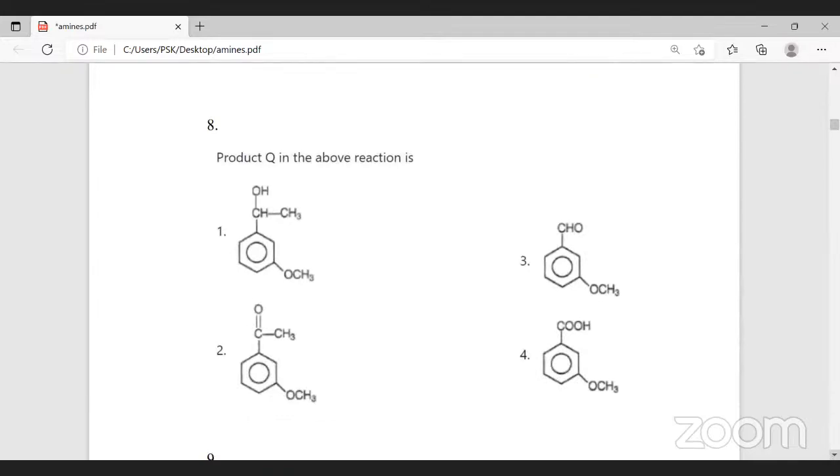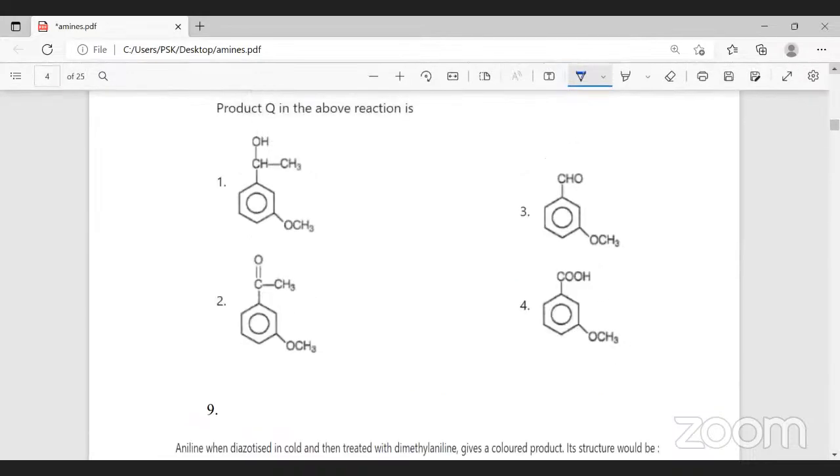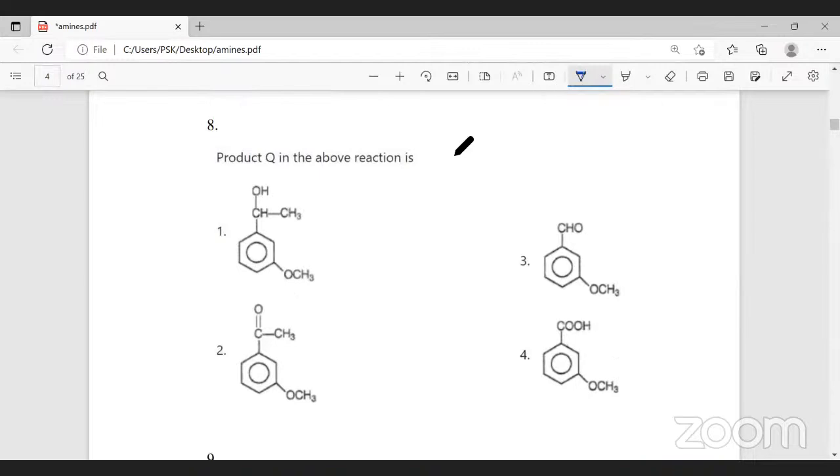Product Q in the above reaction. The reaction is not mentioned, so we will write the reaction. The reaction is this: a benzene ring with a cyanide and OCH3.